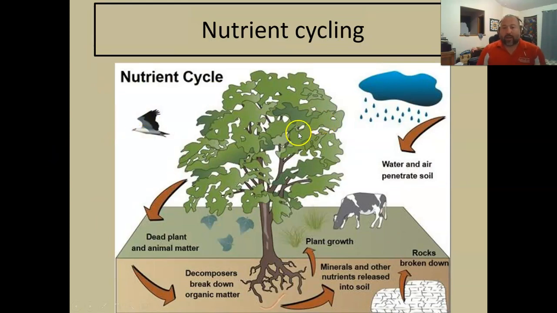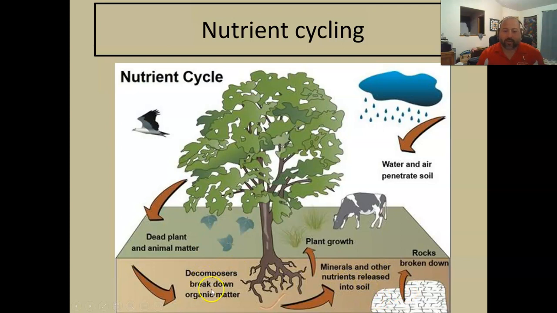Just another look at the idea of nutrient cycling, which ties into the soil food web. So we get water and air penetrating the soil. We also get dead plant and animal matter hitting that surface litter layer, then becoming humus, and then eventually becoming topsoil. We get plant growth. We get the rocks breaking down and building more soil.